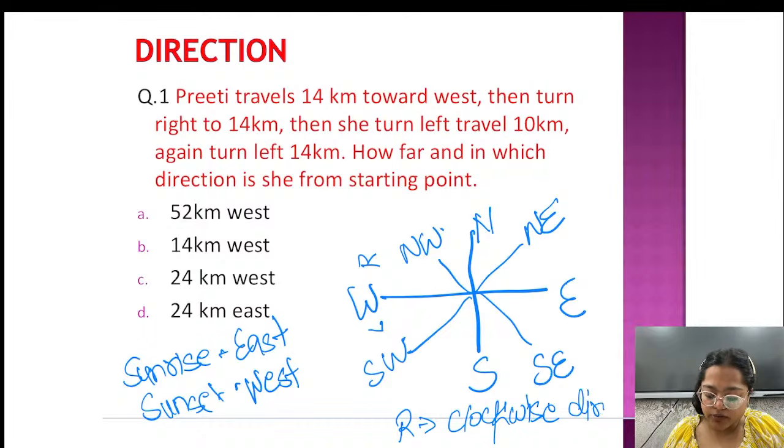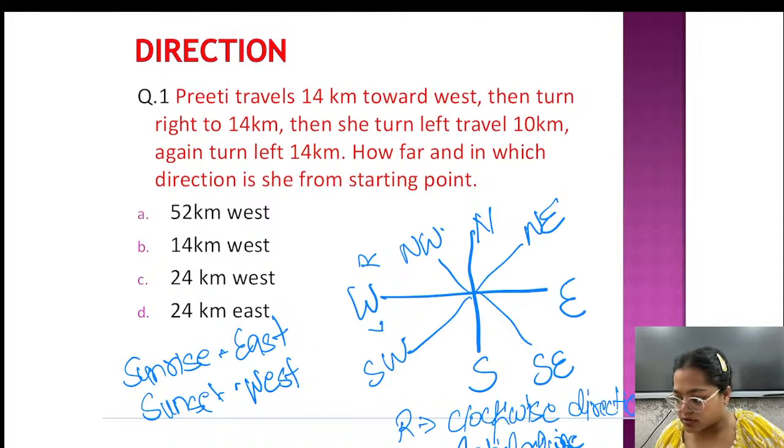Sometimes in a question it is written that the person is moving towards the right, or sometimes it is written as clockwise direction, so you have to know both. And for the left side it is anticlockwise direction.